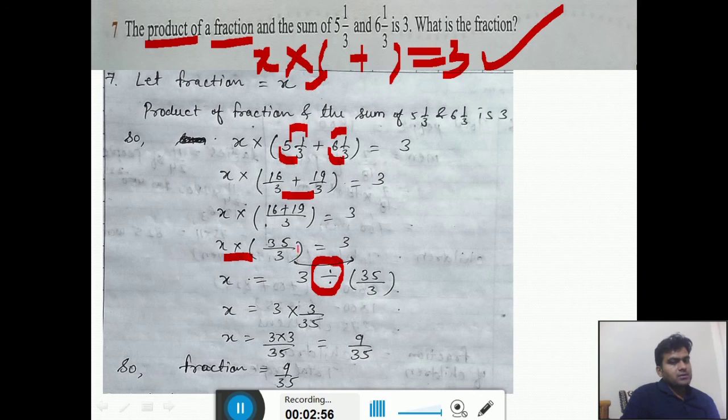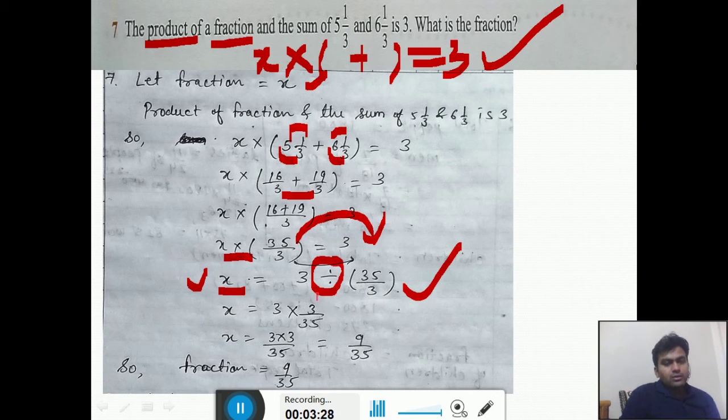Transferring 35 upon 3 from left to right, the sign of this fraction will change from multiply to divide. So here only x is left, and this fraction 35 upon 3 will be transferred to the right hand side.